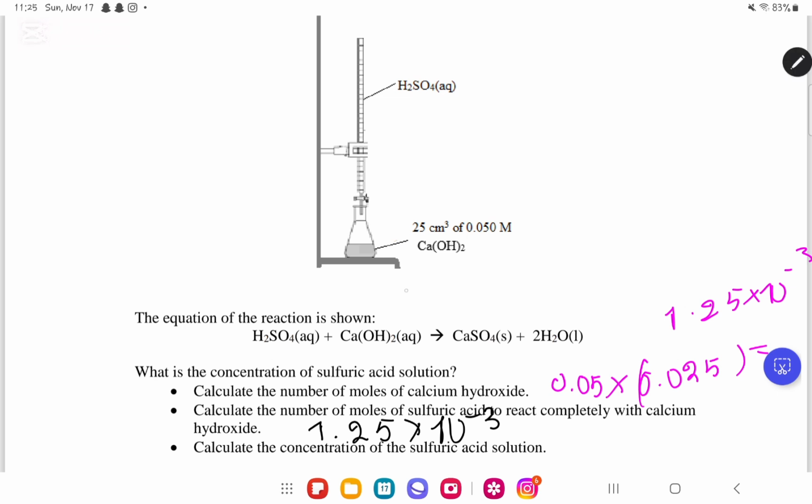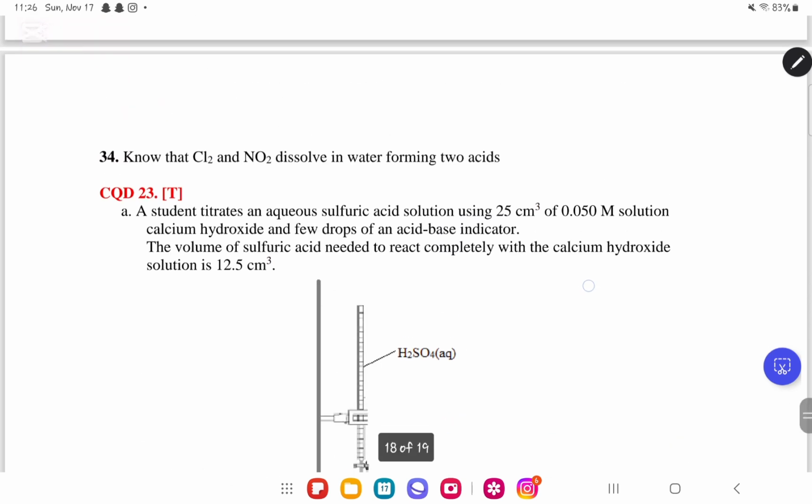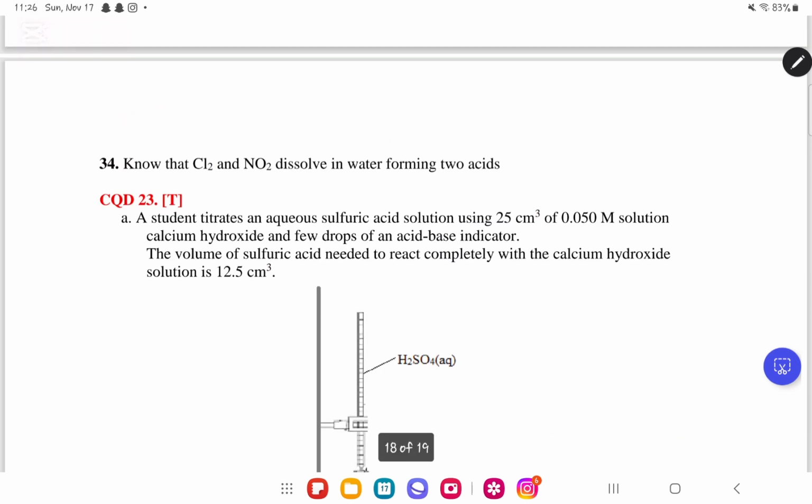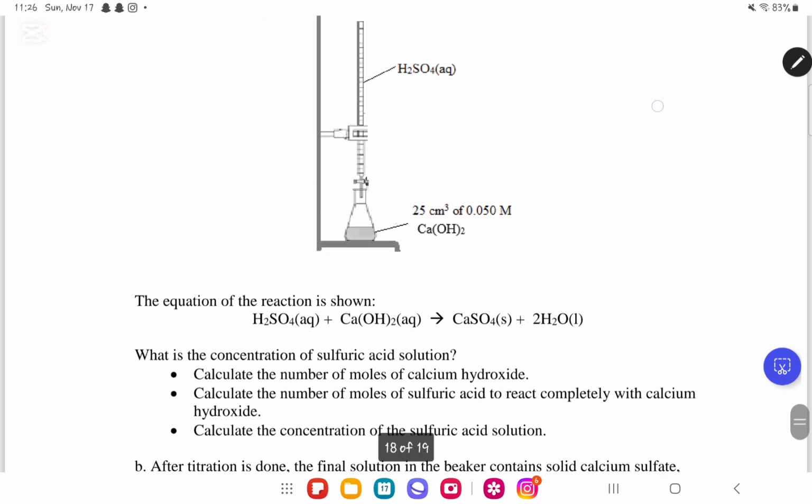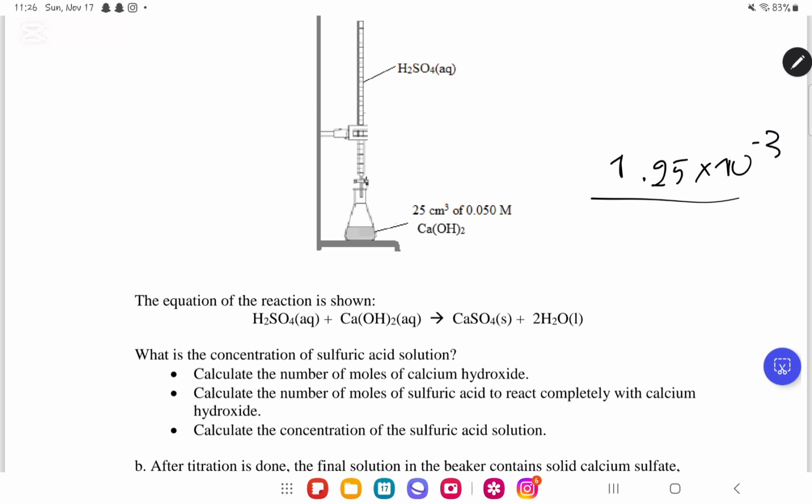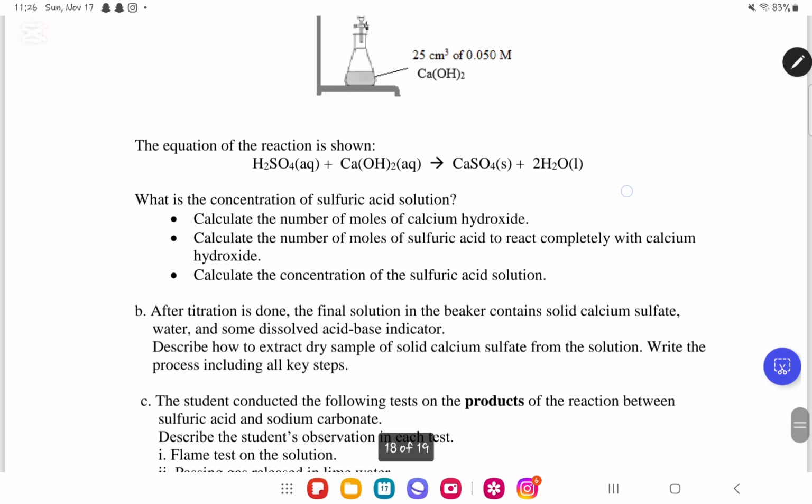We have that the number of moles is 1.25 times 10 to the negative 3, and they told us that the volume of sulfuric acid is 12.5 centimeter cubed. So change it to meter cubed. 12.5 divided by 1,000, you're gonna get 0.0125. So we're doing 1.25 times 10 to the negative 3 divided by 0.0125. Doing it on the calculator, we are going to get 0.1 molarity. And we calculated the concentration of sulfuric acid.